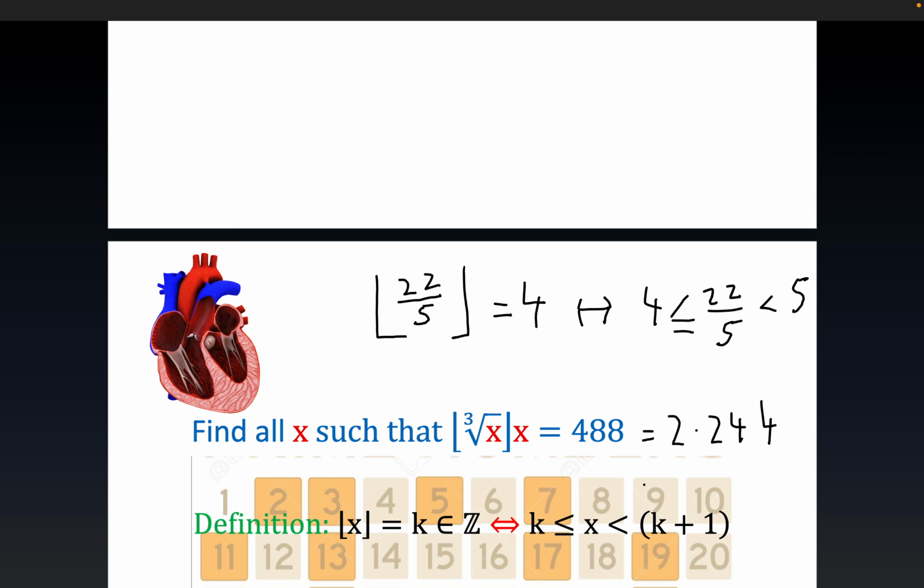If you take another 2 away, you get 4 times 122. There are others too, you could have 8 times 61 also. But these factorizations kind of come into play.